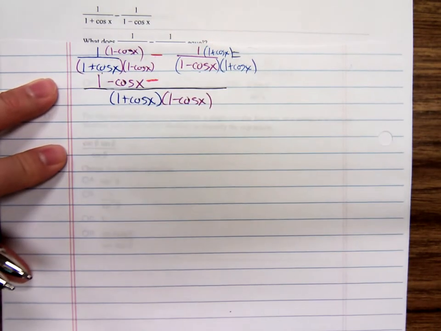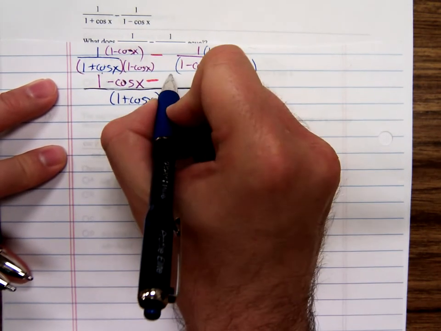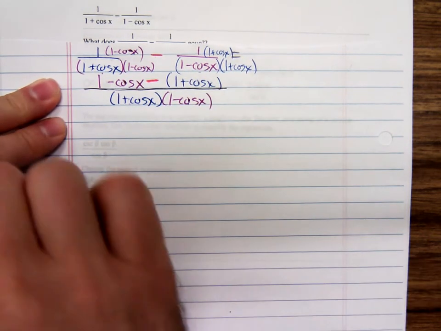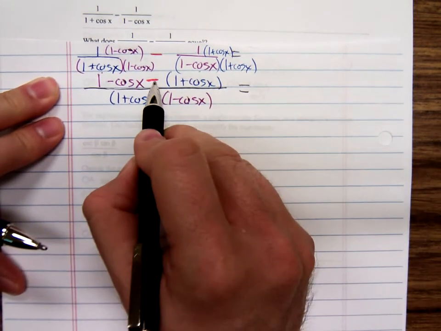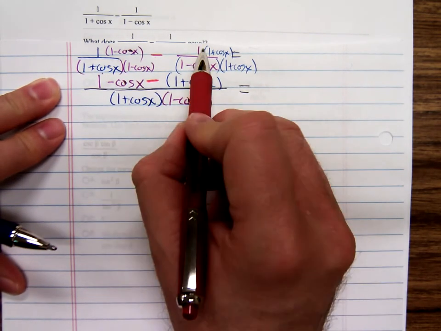This 1 times 1 plus cosine x is just 1 plus cosine x. But be careful. This red minus sign should be distributed. I guess I could have distributed it when I multiplied by the 1, and that'd save me 1 step.